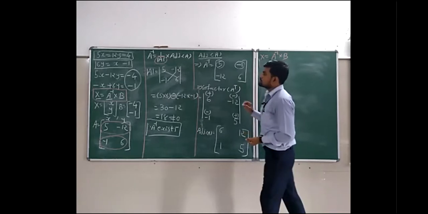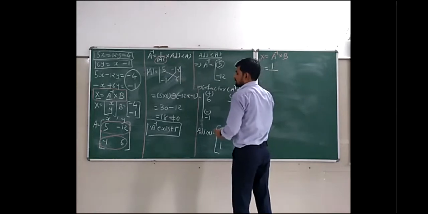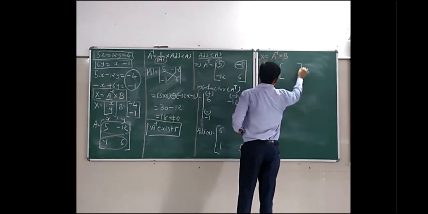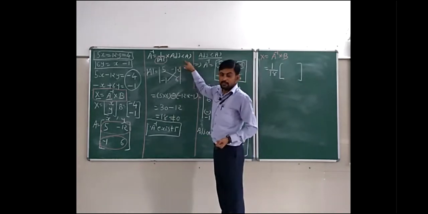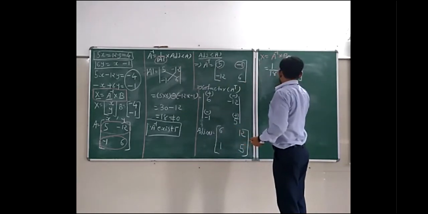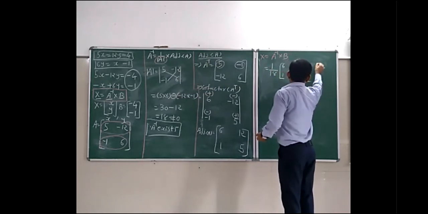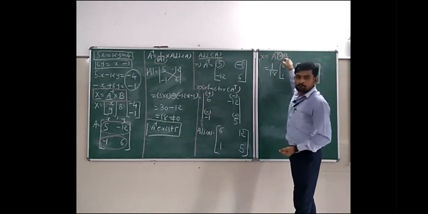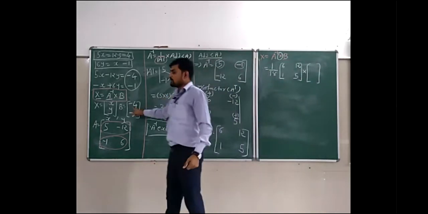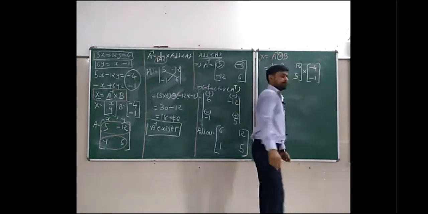What is the formula of A inverse? 1 upon determinant of A. So we'll write here 1 upon determinant of A, which is 18, into adjoint of A. What is the adjoint of A? 6, 12, 1, 5 into B. So this is A inverse, and into B. What is B? Column vector, that is minus 4 and minus 1. Is that clear?